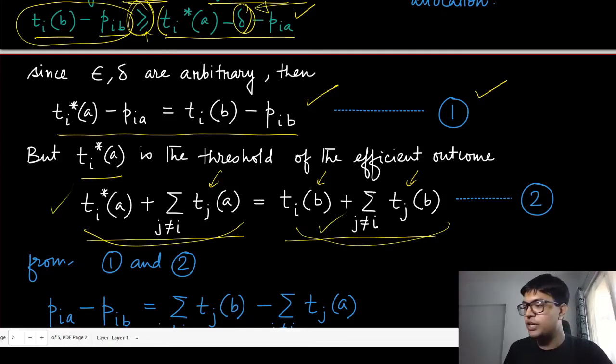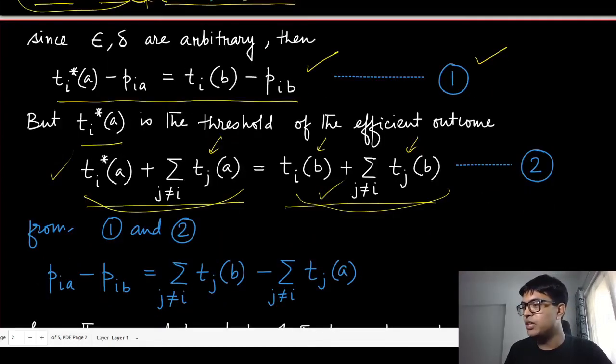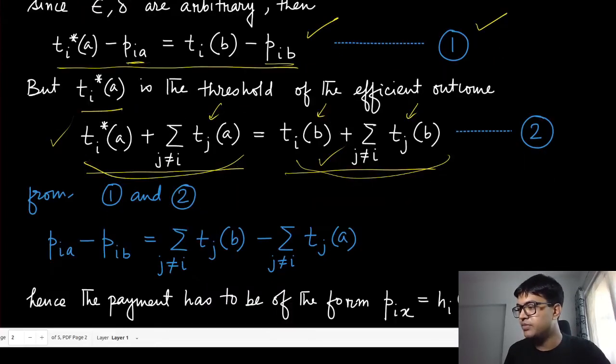Now from 1 and 2, what we are interested in is the difference between Pi A and Pi B. You can do this reorganization and find out that this is going to be exactly equal to the summation of Tj B, where j is not equal to i, minus the summation over Tj A, where j is not equal to i.